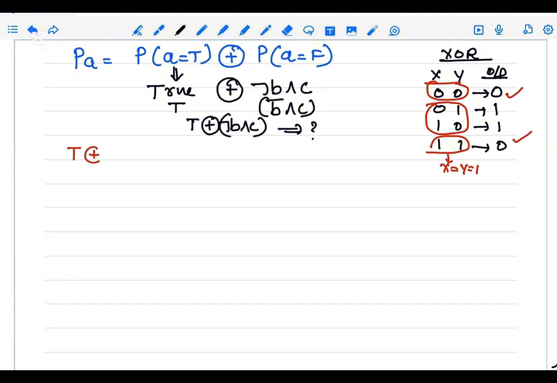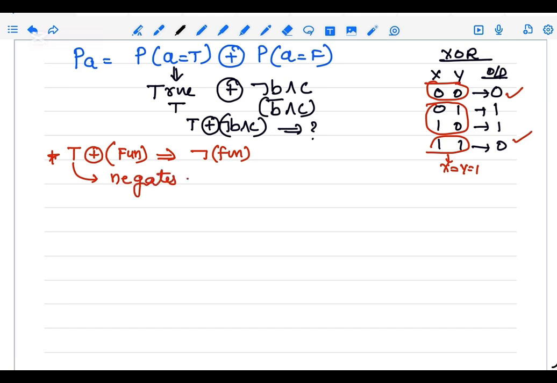True XOR operation with any function: you can remember this one. True XOR with any function will give not of that function. So that is, true negates it.